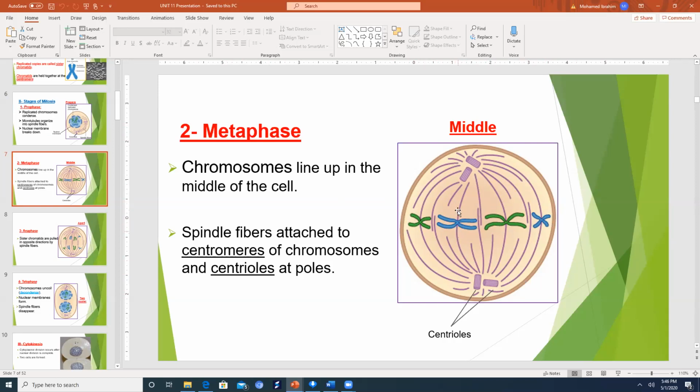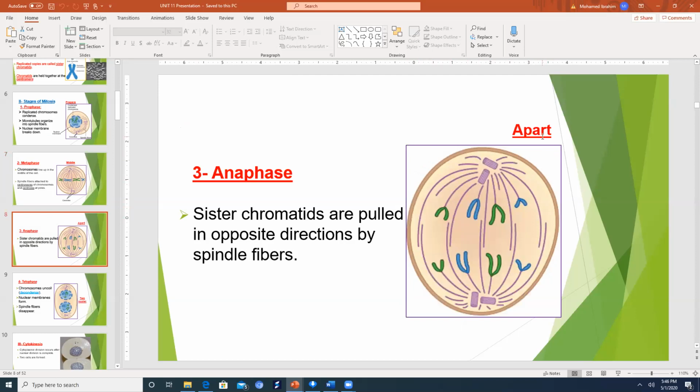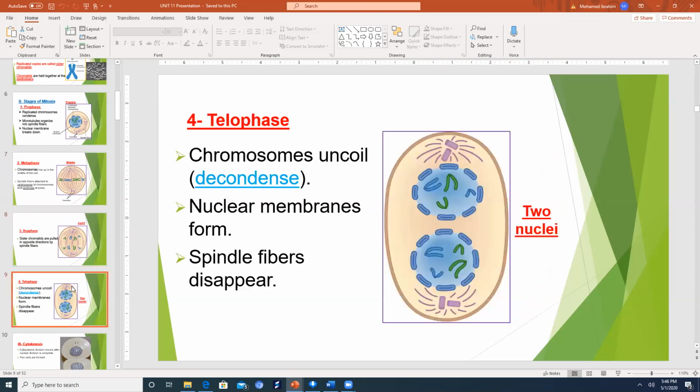They're going to be facing each other because anaphase is going to follow, and those homologous chromosomes are going to separate during meiosis. During mitosis, sister chromatids separate. Anaphase means apart from each other. This is where sister chromatids separate, and that will be followed by telophase.